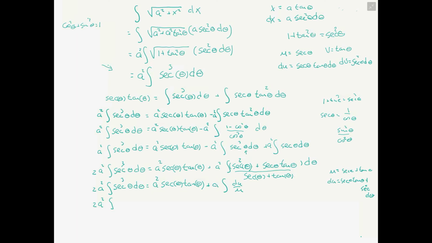So we have 2a squared secant to the third theta d theta equals a squared secant theta tangent theta plus a squared times the natural log of u, which is secant theta plus tangent theta plus c.